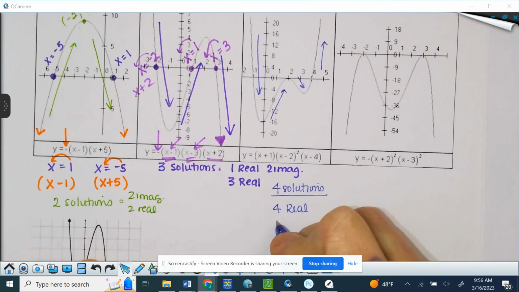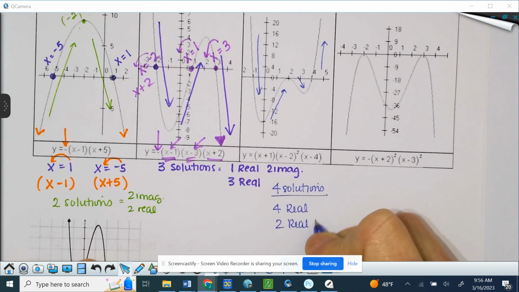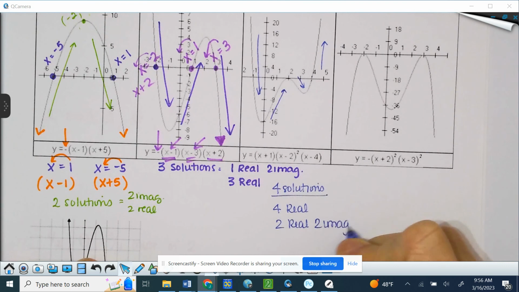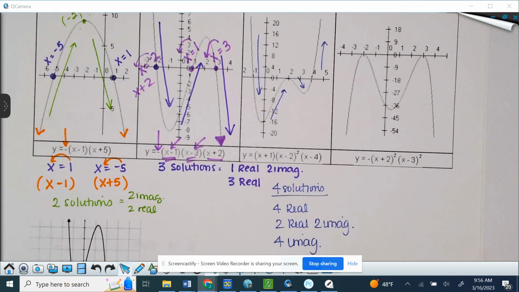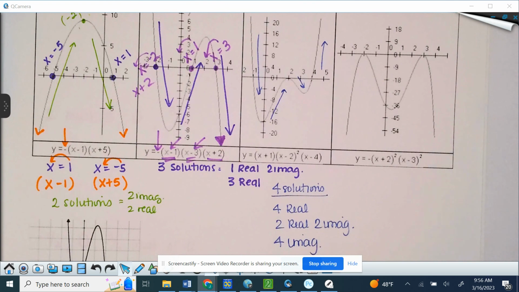So I could do 2 real, 2 imaginary. Then I could do 4 imaginary, and that's it. Because I couldn't do 3 real, that leaves me with 1 left over, and imaginary again has to be 2, 4, 6, or 8. And then at that point, you're left with 1 real, 3, and then 0 real would be the 4 imaginary. So that's your combination possibilities.